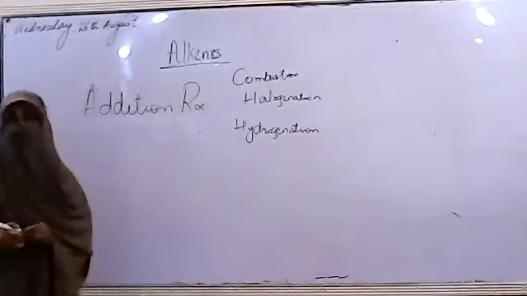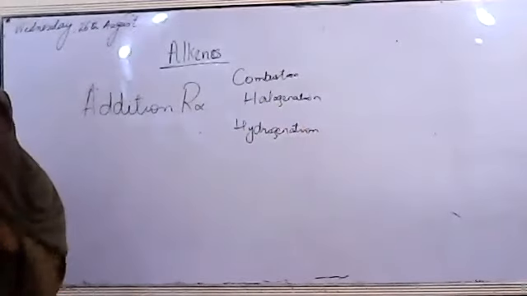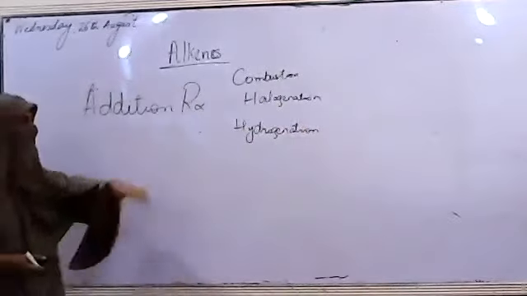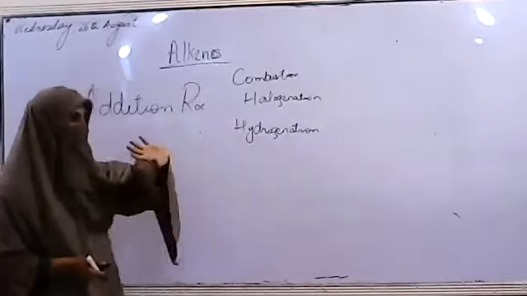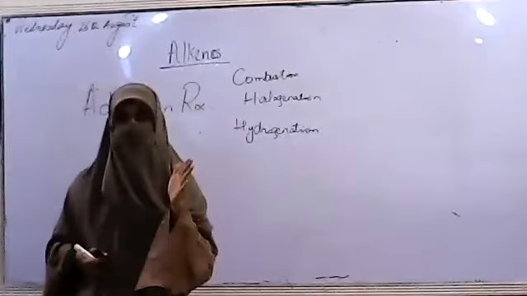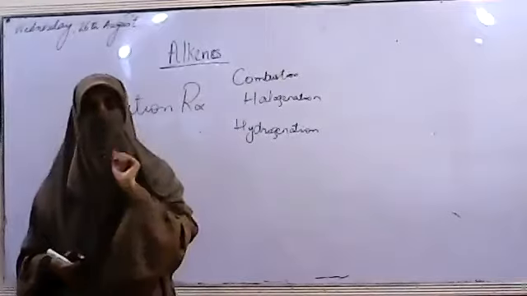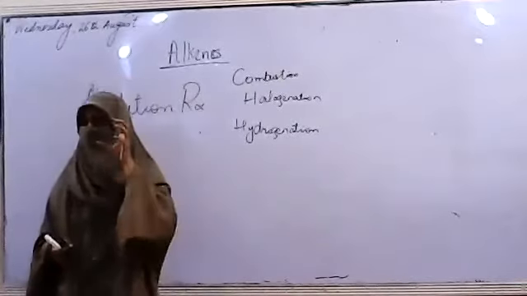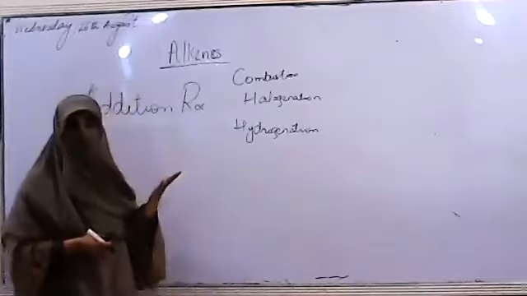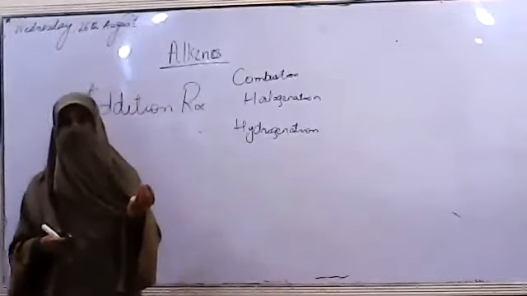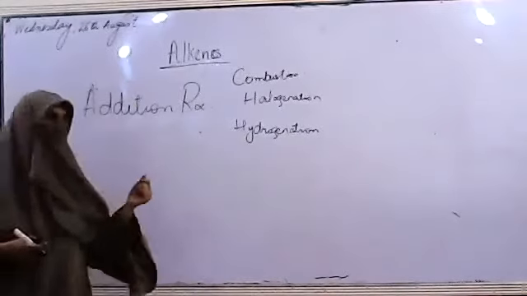I told you that the names tell you what kind of reactions are going to take place. In the halogenation, halogen is going to be added, and the 2 halogens that are added in the alkenes are chlorine and bromine. Fluorine and iodine are basically less reactive for alkenes, so they are not used as an addition product in the case of alkenes.